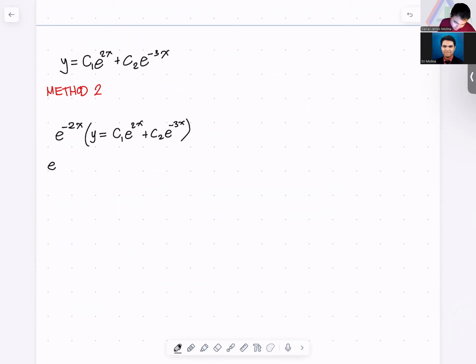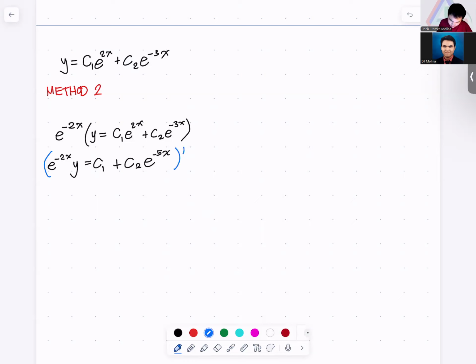So we have e raised to negative 2x times y equal to C1, that's e raised to 0, so that's C1 only, plus C sub 2 e raised to negative 3x minus 2x, which is negative 5x. There. C sub 1 is isolated. We can now differentiate.